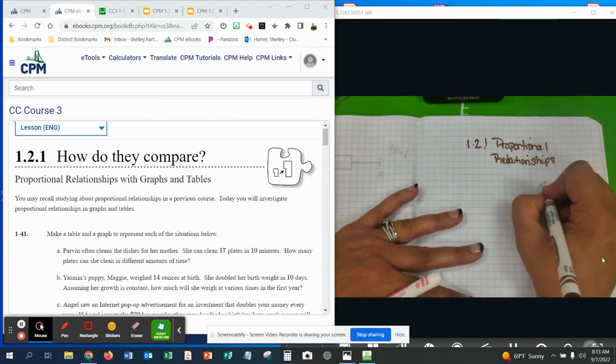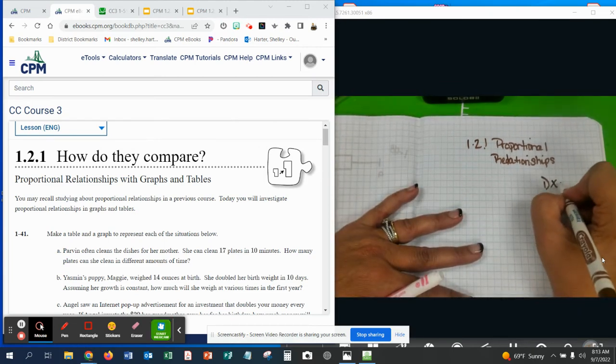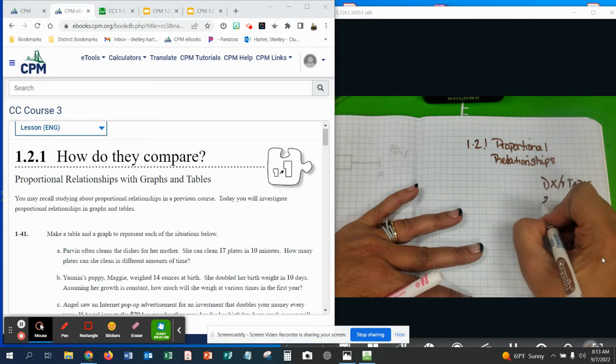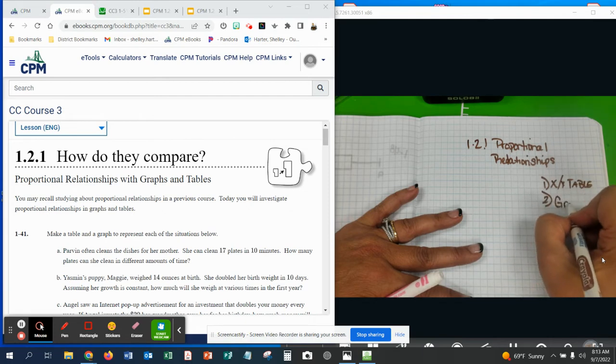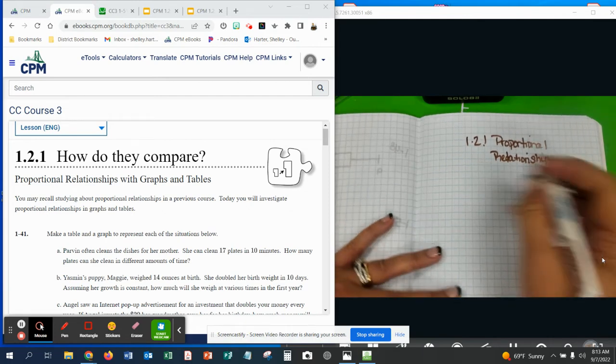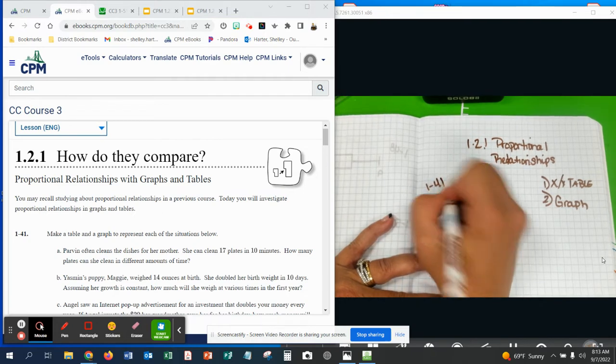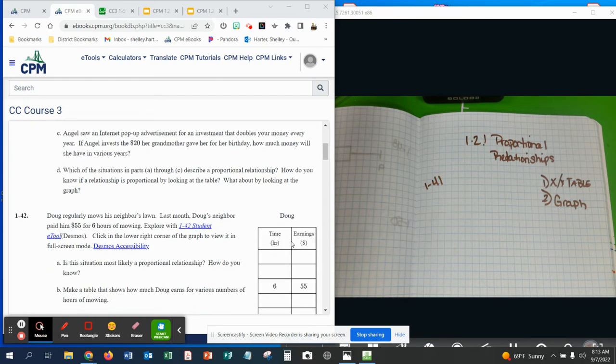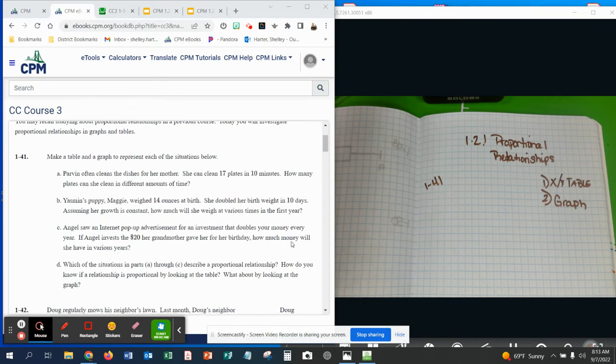First off, you're going to need an X and Y table. Remember, we did this a little bit last week. We need an X and Y table, and then two, we need a graph. With 1-41, that's pretty much our main problem, and it's got several different problems within it. But I'm also going to talk to you about 1-42.